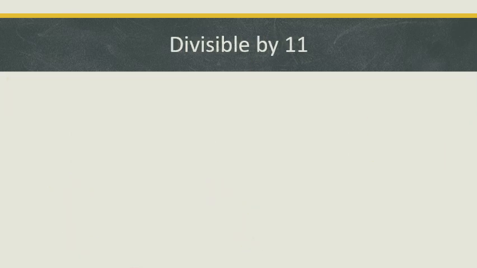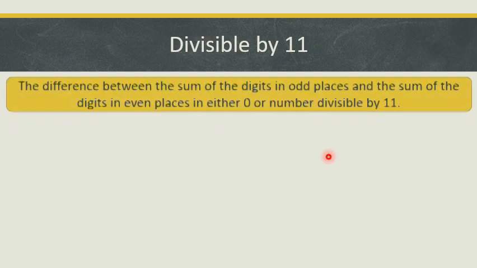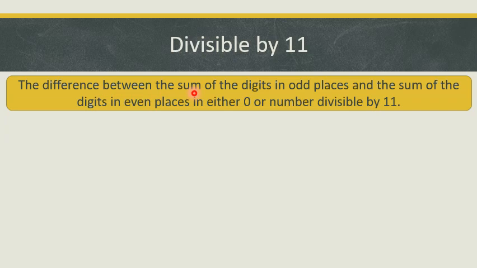Paano naman po kapag divisible by 11? So, the difference between the sum of the digits in odd places and the sum of the digits in even places is either 0 or number divisible by 11. So, ano po ba yung odd?